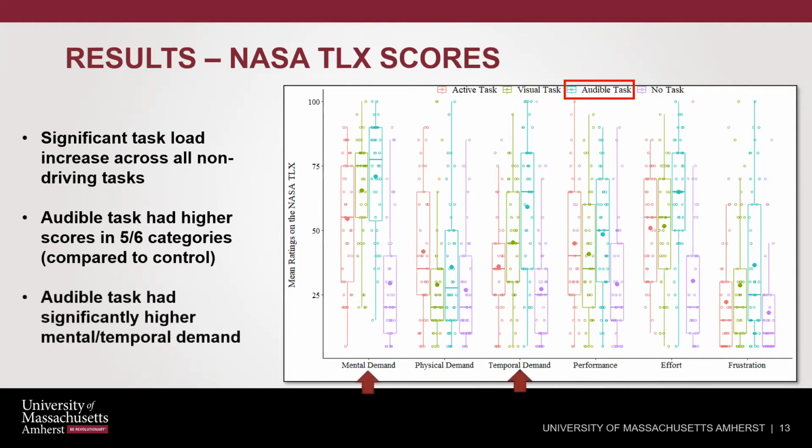And then lastly on this slide, more along the lines of that audible task, or I'll refer to it as the mock cell phone task, there was a significantly higher mental and temporal demand exhibited from that task specifically with regards to the results of our NASA TLX, which, just as another reiteration, was performed after every drive that the participant performed within each of their experimental drives.